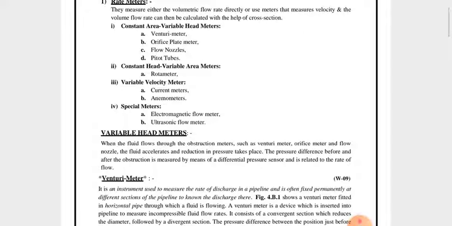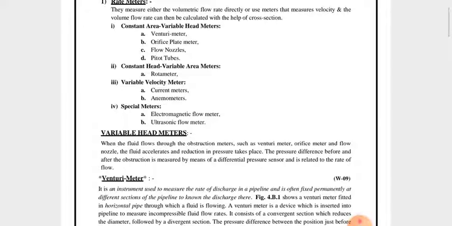The pressure difference before and after the obstruction is measured by a differential pressure sensor and is related to the rate of flow. Since there is an obstruction in the pipe, the velocity and pressure before and after the obstruction will be different.